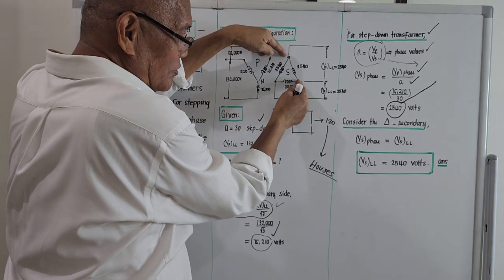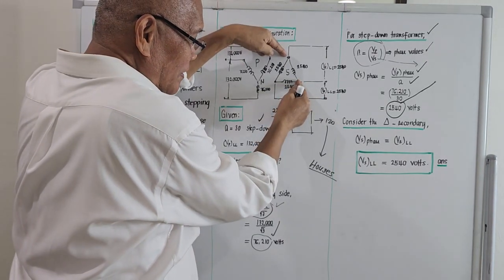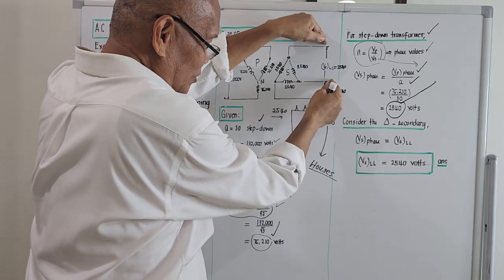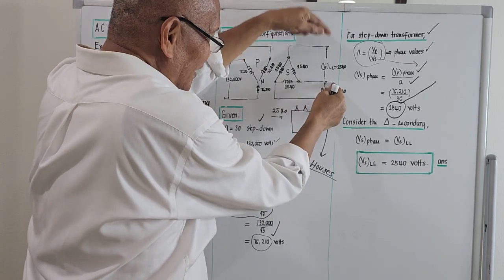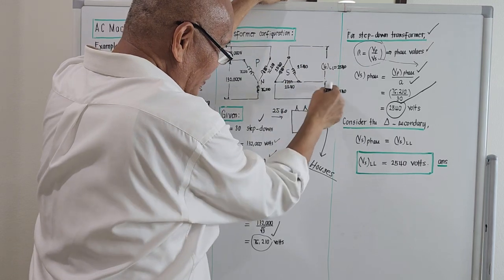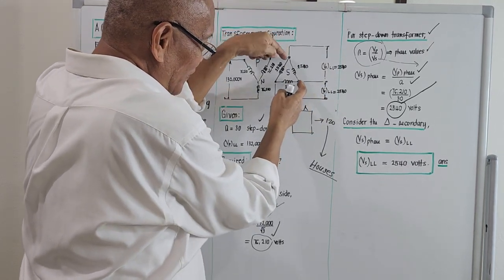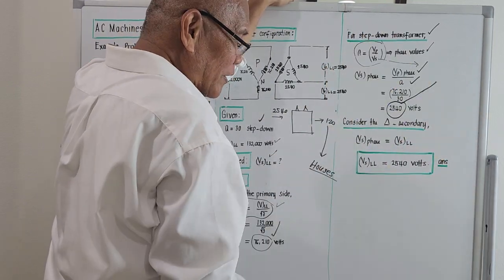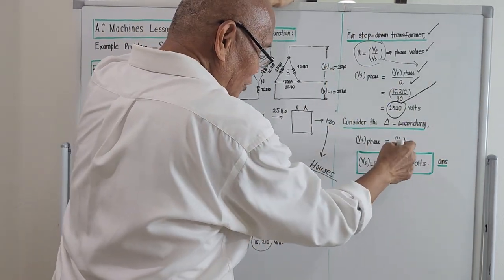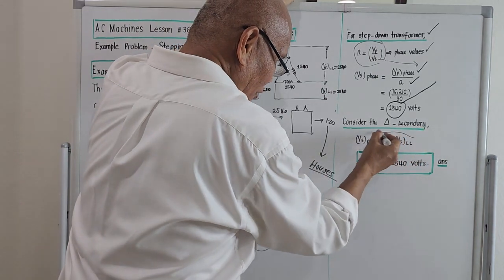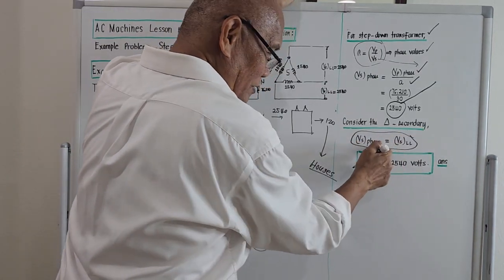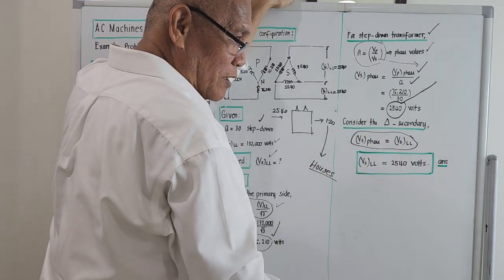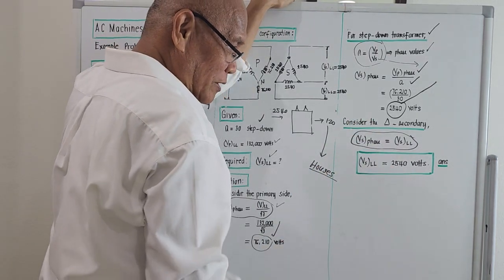This voltage here is termed the phase voltage, and the voltage at the terminals of the line is also V sub L, assuming negligible resistance. So whatever you take over here will be the same as here. For a delta-connected transformer, the phase voltage is equal to the line voltage. This is a concept. It will not change. For as long as the connection is delta, the phase voltage will be equal to the line-to-line voltage.